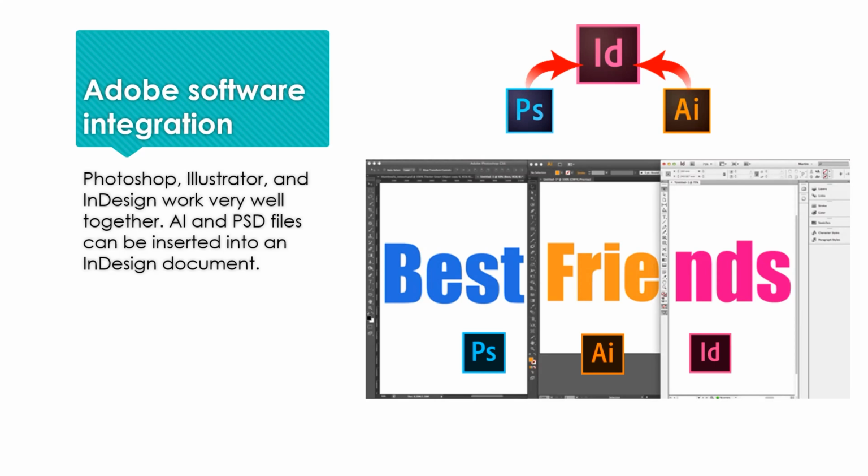The idea is that when you do the heavy lifting of producing the content with these applications, you put them together in InDesign in order to publish your document. And when I say publish, it doesn't always mean print, but it also means digital.